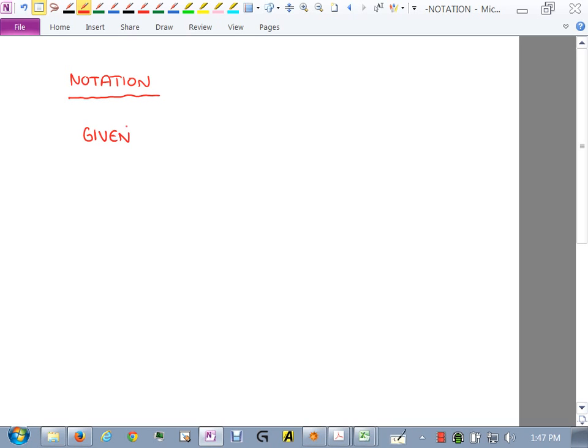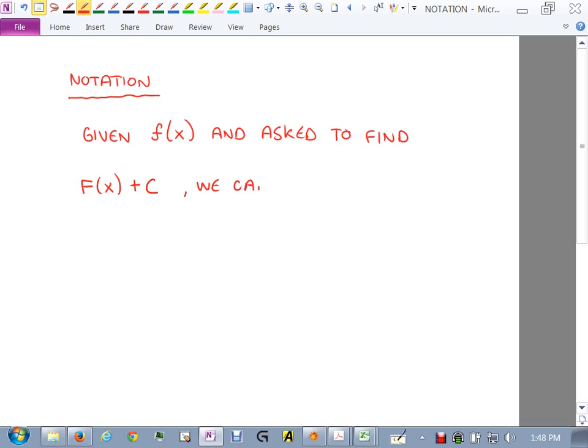Given f of x and asked to find capital F of x plus c, in other words, if you're given a function and asked to find the general antiderivative, we can use a special notation. And here it is.